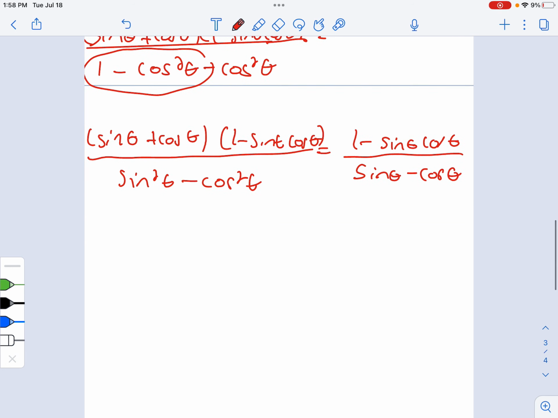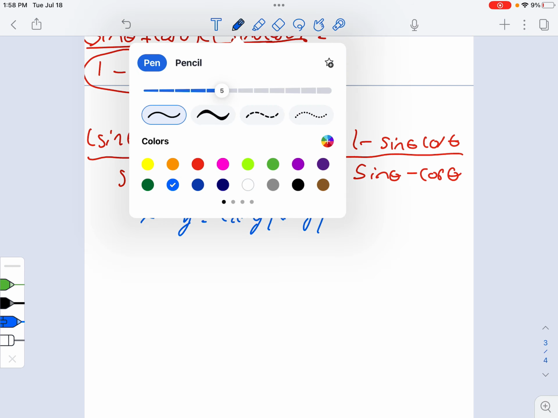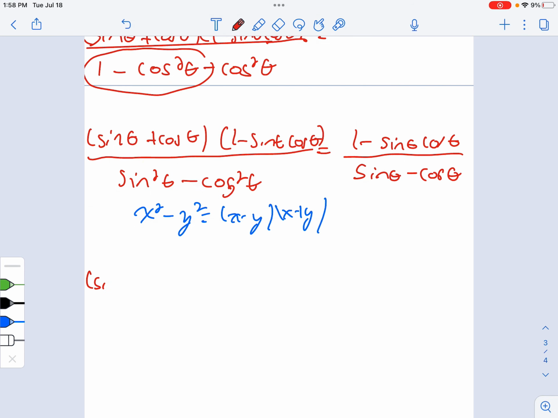And the bottom, sine squared minus cosine squared, that is a difference of squares. x squared minus y squared equals x minus y times x plus y. So you have sine theta plus cosine theta.